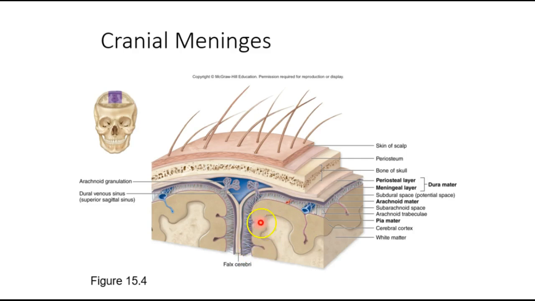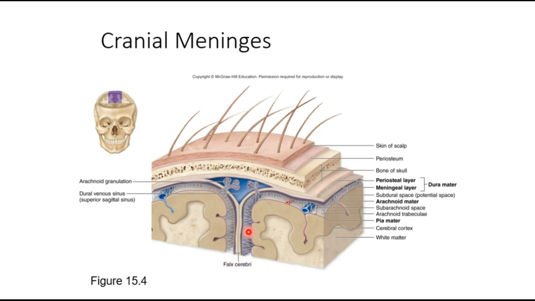So you don't see a specific line for pia mater because it is on your brain. And it's going to follow the pattern of the gyri and the sulci. Now that you know what gyri and sulci are, you can point out the dura mater is going to skim over the gyri and the sulci. The arachnoid mater is going to skim over the gyri and the sulci.